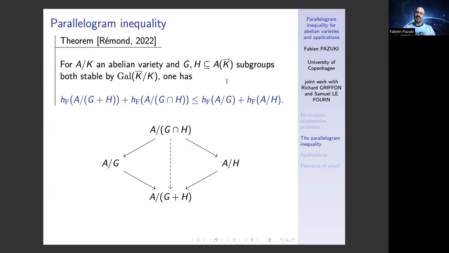Then the inequality we look at involves these four abelian varieties. If you compute the Faltings height of this one and the Faltings height of this one, the sum will be bigger than the Faltings height of the one computed with the intersection, plus the Faltings height of the one computed with the sum.